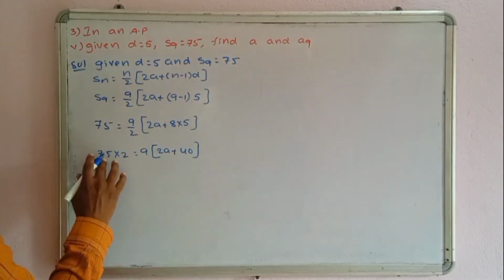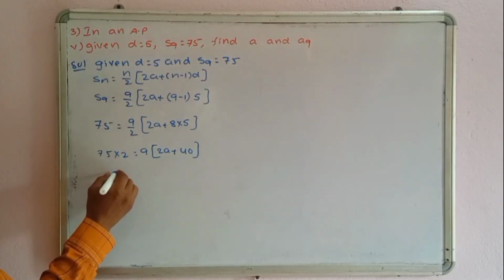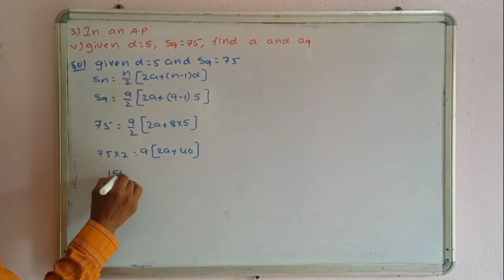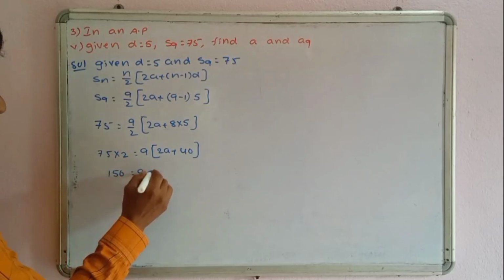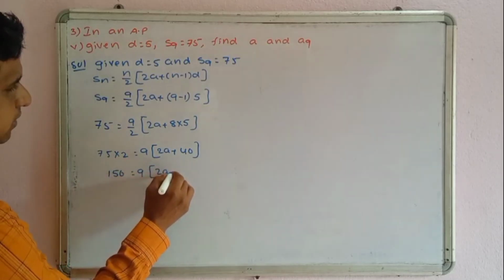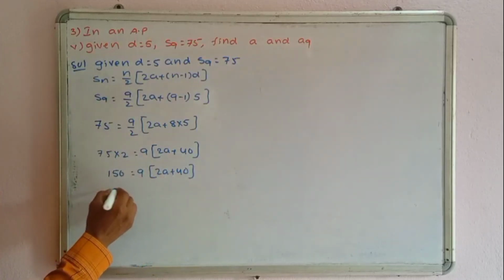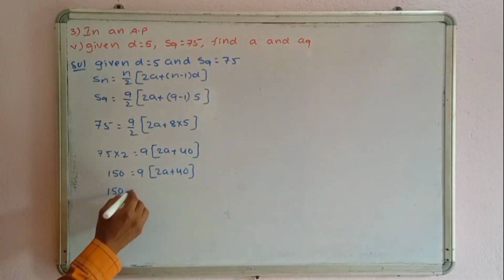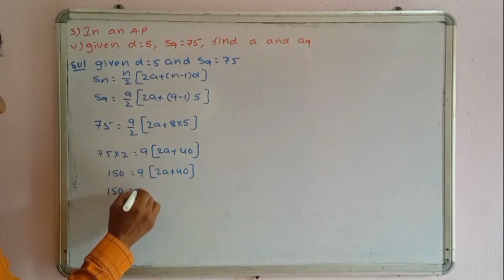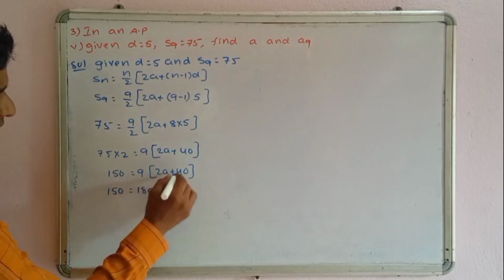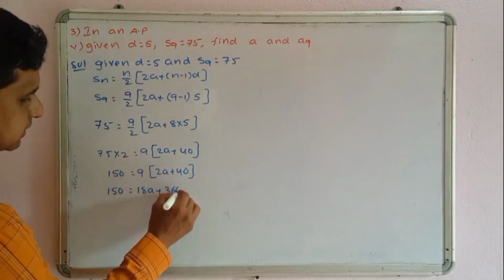Okay. 2 times of 75 is 150. 150 equals to 9 times of 2a plus 40. See, 150 equals to 9 times of 2a is 18a, 9 times of 40 is 360.